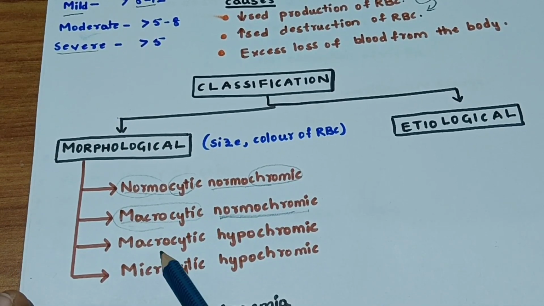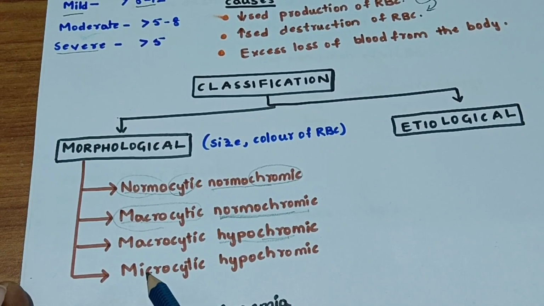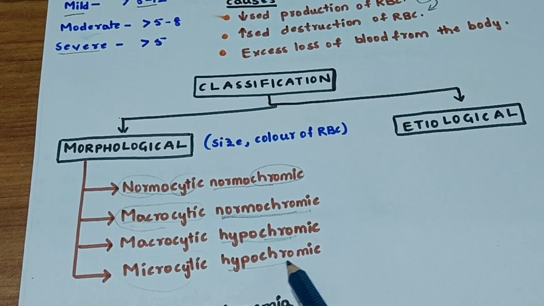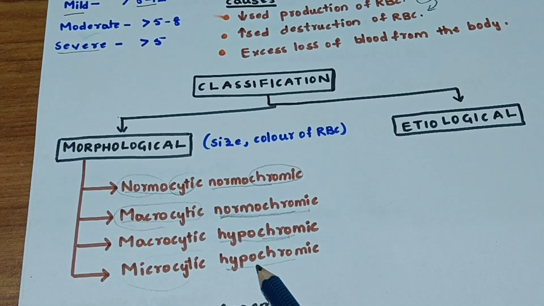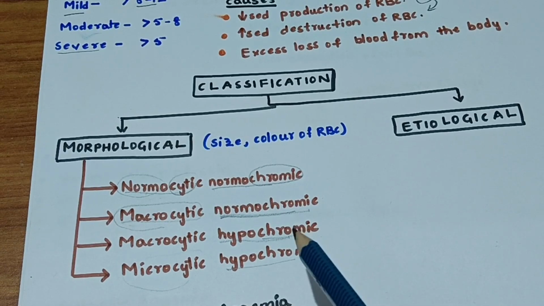One more, macrocytic hypochromic: the cell is large, whereas the chromatin is less. And microcytic hypochromic, where the cell is very small and the chromatin content is also less. So the four classifications under morphology are normocytic normochromic, macrocytic normochromic, macrocytic hypochromic, and microcytic hypochromic.